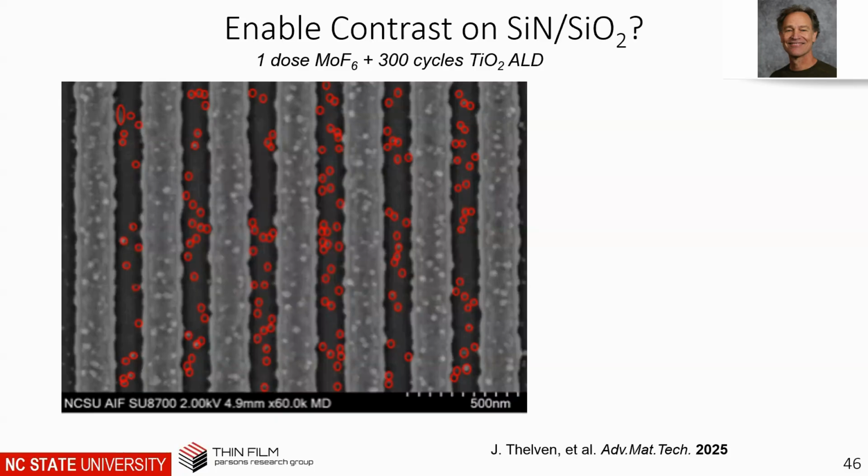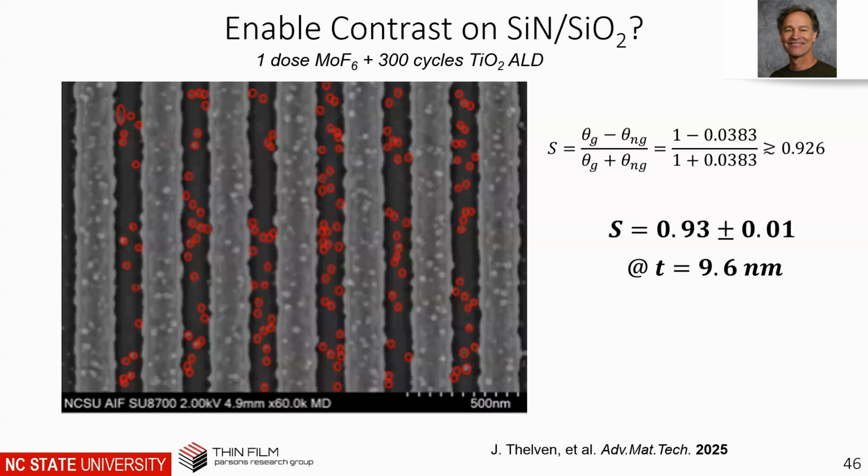So there's a calculation you can do. This is the fraction coverage on the growth surface, that's 1. That's the fraction on the non-growth surface, 3.8%. So you do this little math here and you get 92.6, that's the selectivity, 92.6% selective.